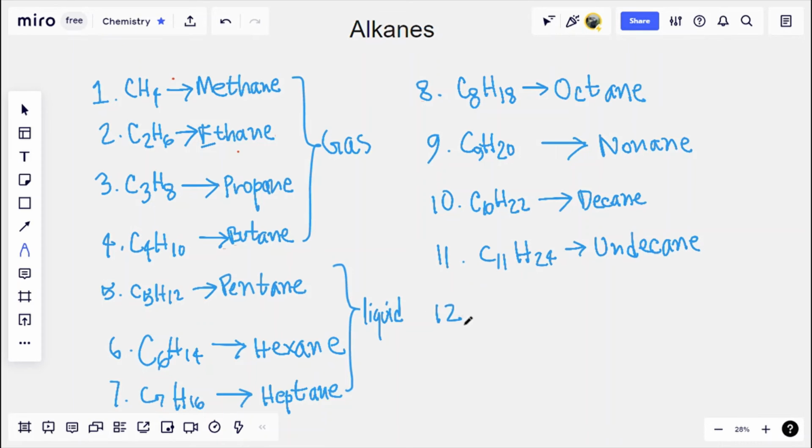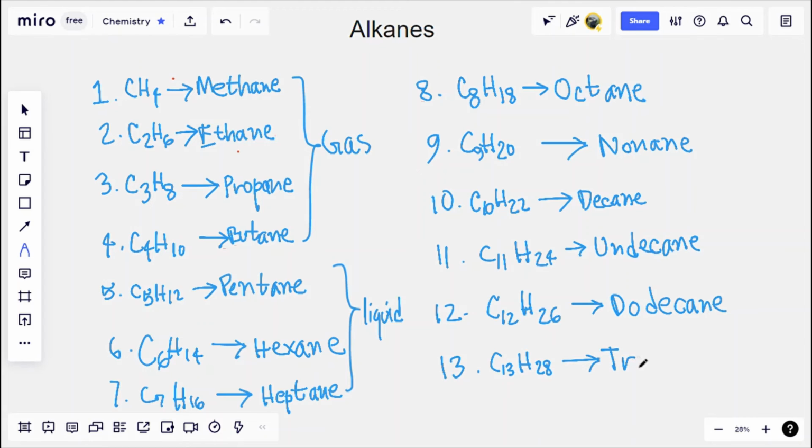The 12th one is C12H26, is dodecane. The 13th one is C13H28, is tridecane. And they are all in liquid form.